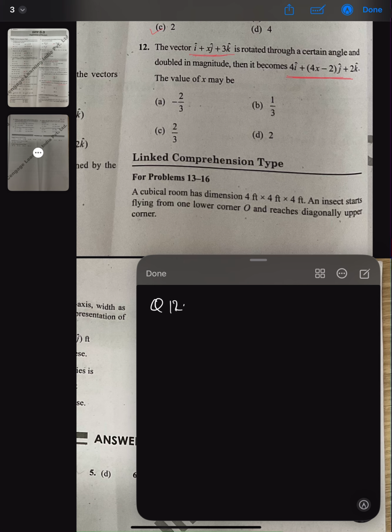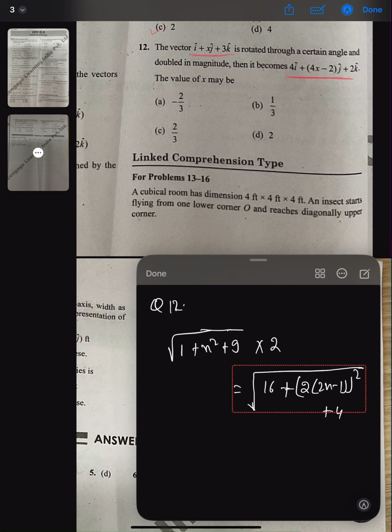It will be under root 1 plus x square plus 9, and into 2 should be equal to the magnitude of the second vector, that is 16 plus, taking 2 as common, (2x minus 1) whole square, plus 4.